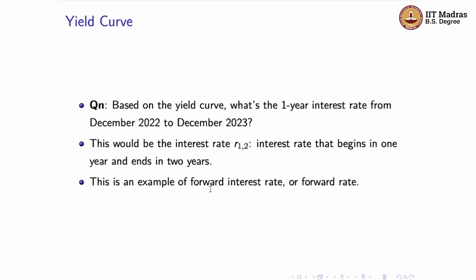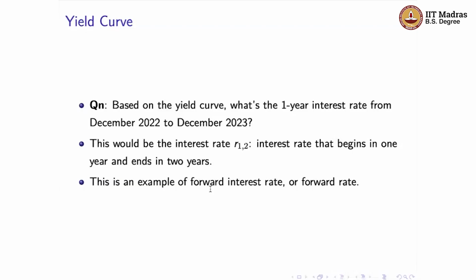So what should be the interest rate for that bond? Here the interest rate would correspond to R12. This is the interest rate for an instrument that begins in 1 year and ends in 2 years. So this is the 1-year interest rate, but notice not beginning today, but beginning 1 year from now. These are examples of what is known as the forward interest rate, or the forward rate.